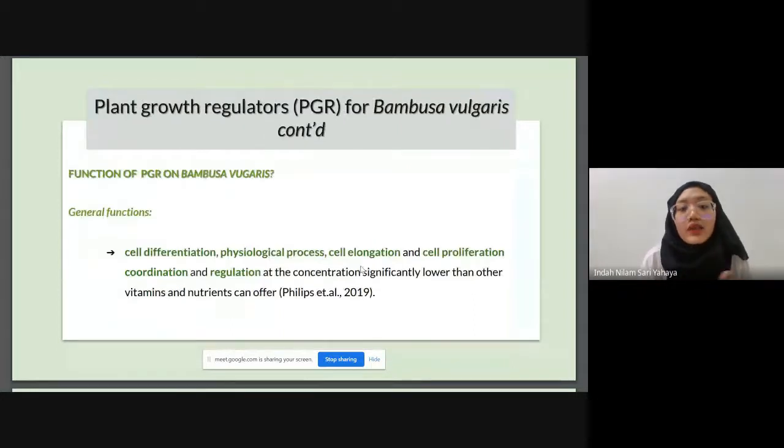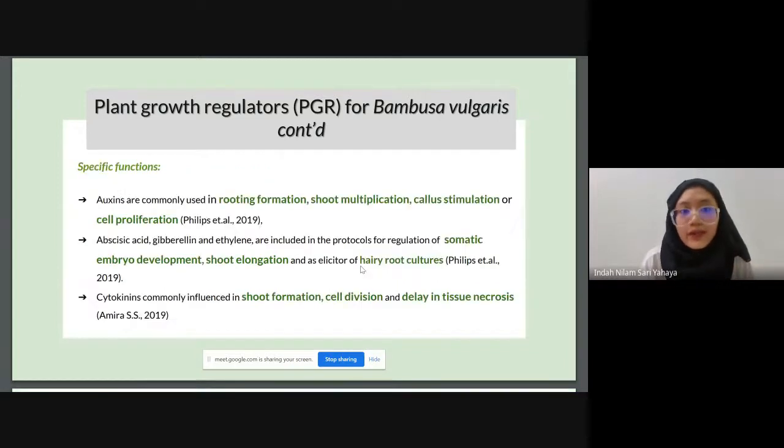What are the general functions of plant growth regulators to Bambusa vulgaris? They help in cell differentiation, physiological processes, cell elongation, cell proliferation, coordination, and regulation at concentrations significantly lower than the other vitamins and nutrients can offer. There are also specific functions.